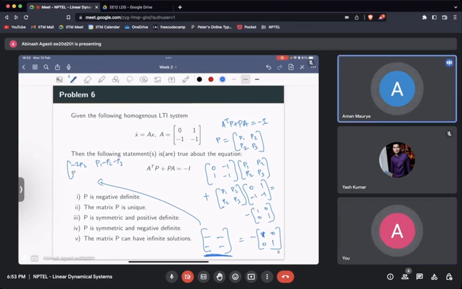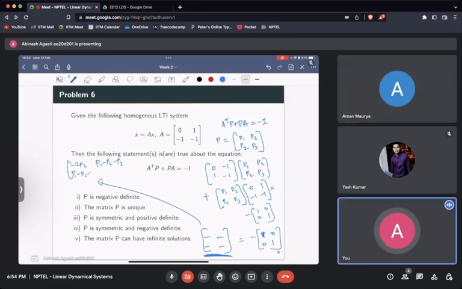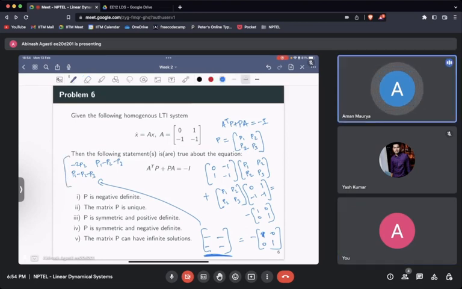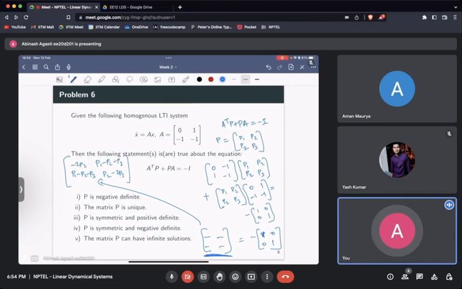Yeah, p1 minus p2 minus p3, p2 minus 2p3. Okay, so from this we have essentially three equations, right? Because these two are same and these two are same. So obviously this minus 2p2 equal to minus 1 is one equation. This equal to this is one equation and this equal to this is one equation.